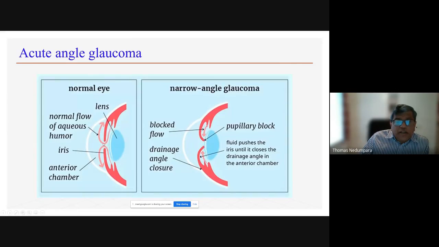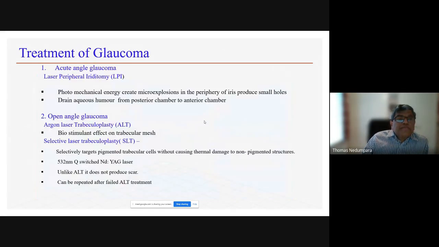So in acute angle glaucoma, there is a blockage and the aqueous humor is not drained. So here we use a laser to make holes in the periphery of the iris. It's called peripheral iridotomy. So we use a laser to make holes in the periphery of the iris to relieve acute angle glaucoma.